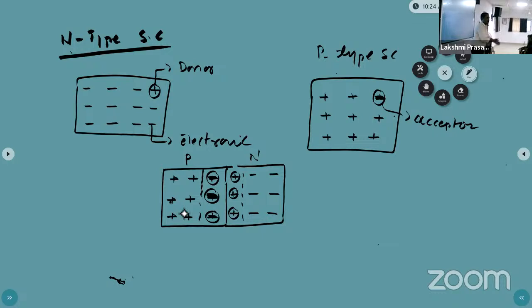So that is called the barrier. After developing the barrier, no electron is crossing from N-type to P-type, and no hole is crossing from P-type to N-type.